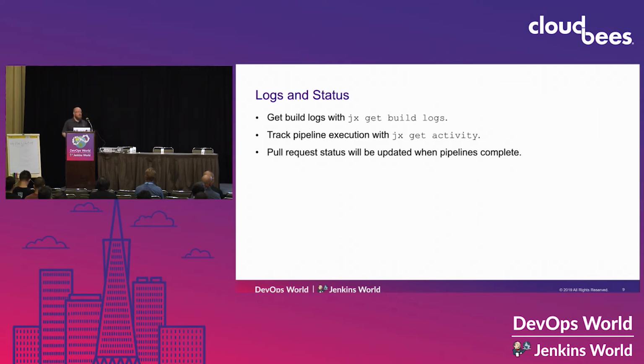You can also get more of a higher level perspective on the status of your pipelines via jx get activity, which will show you the stages and steps that are running in a pipeline, their duration, their status, et cetera. And of course, when a pipeline completes, when it's a pull request pipeline, the pull request will have its status updated with the results of the pipeline, because otherwise, what's the point?